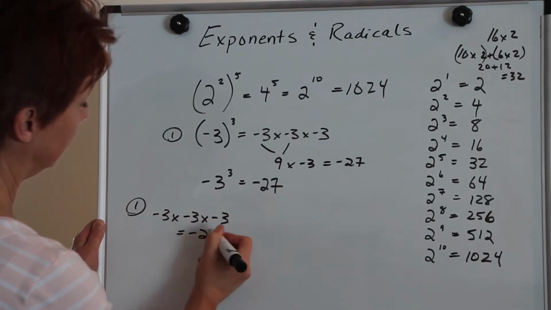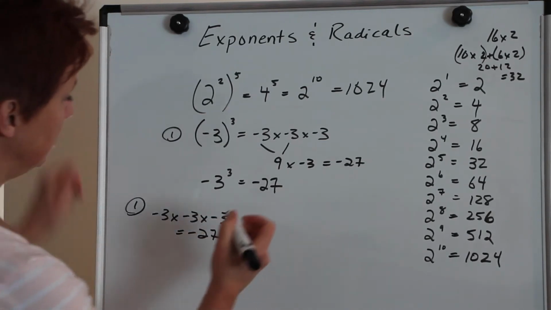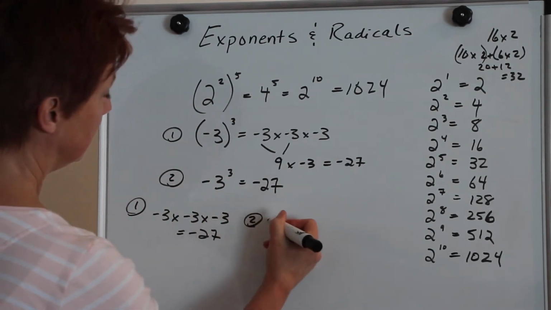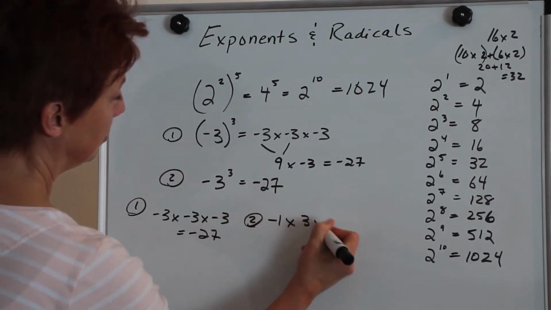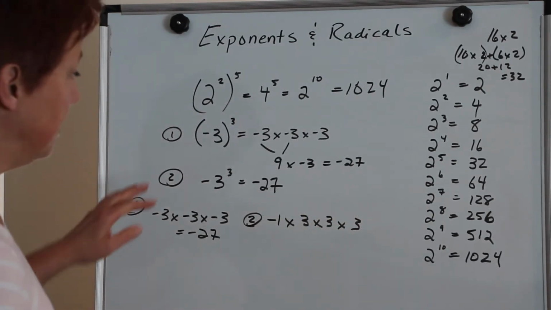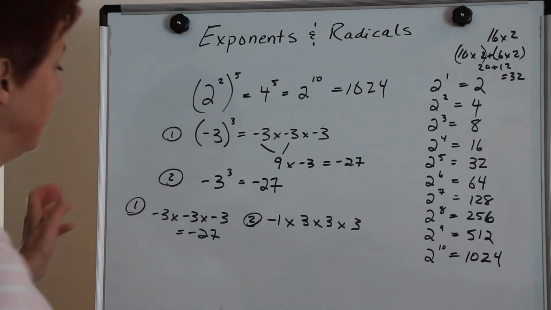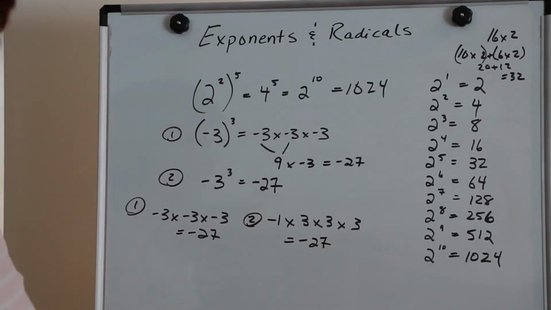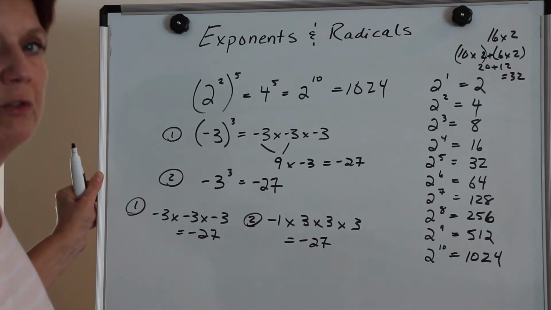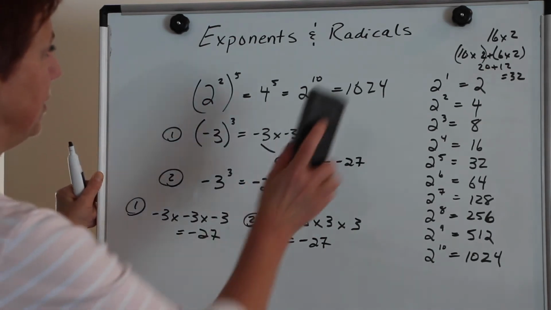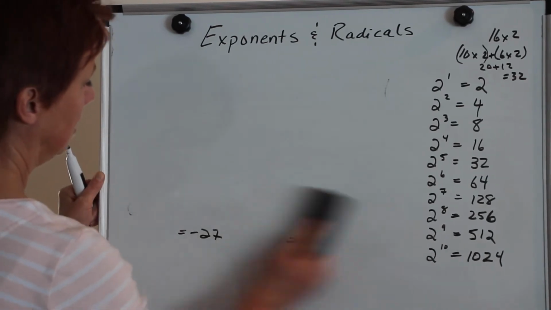That will give us negative 27. What this one says, we'll put a 2 beside that one, says negative 1 times 3 times 3 times 3. Okay, they say different things, but the result is the same. Still negative 27. Now that doesn't hold true when the exponent is even. You get different answers then, so let's have a look.